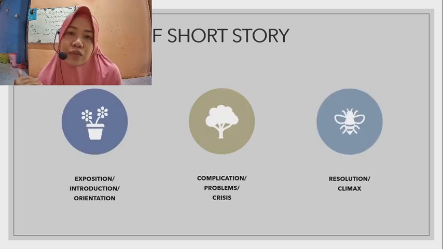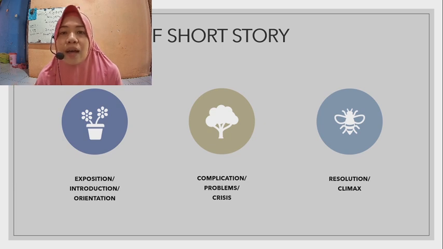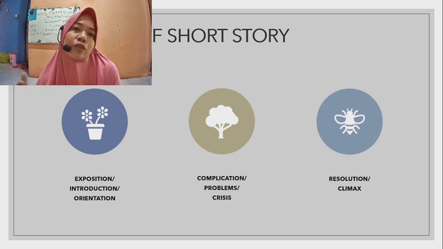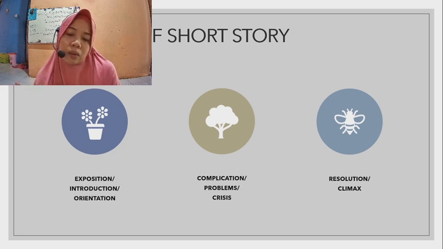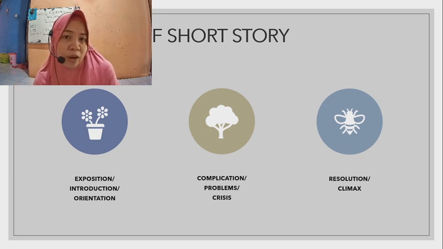so the features of a short story are commonly the same as other types of prose fiction. It has, of course, expositions or introductions or orientations, the part where you introduce the characters, the setting, the plot, whether it's backward or forward, and so on.